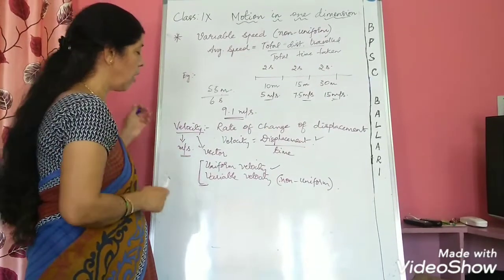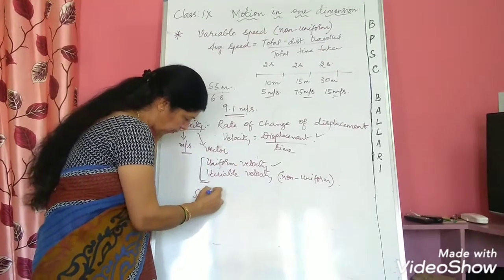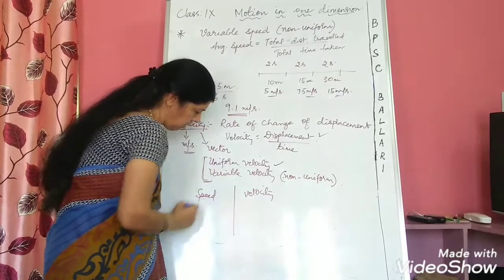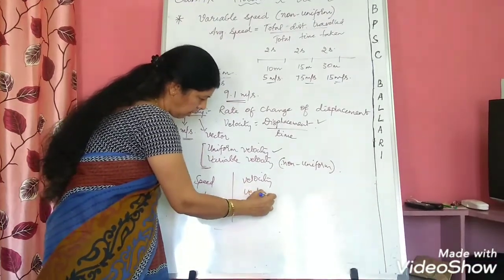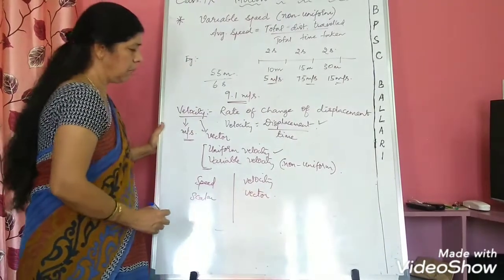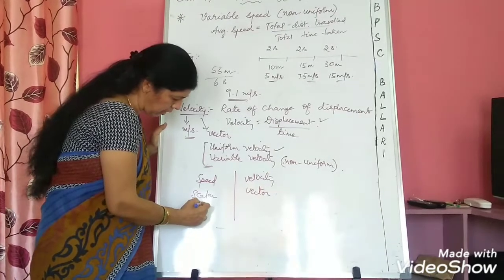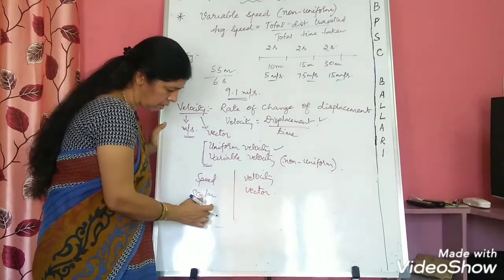So some differences you have to remember. You can compare both speed and velocity. First point: speed is a scalar, velocity is a vector. What is the second difference? Speed is distance by time taken, with no mention of direction.